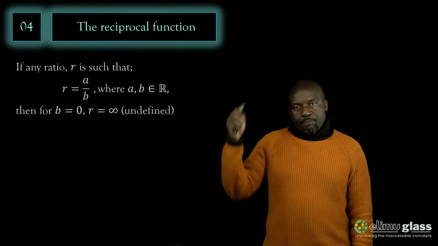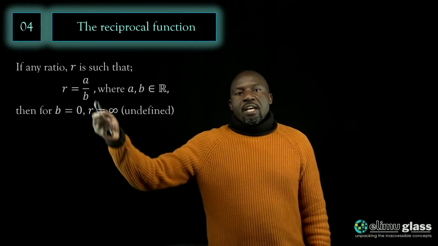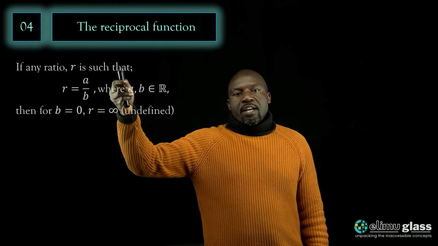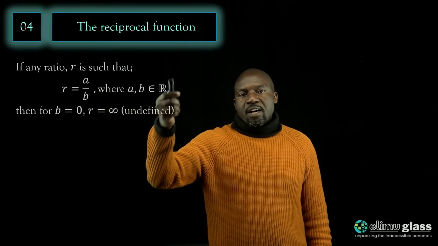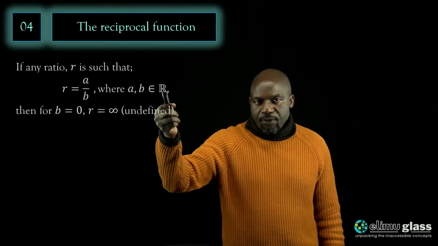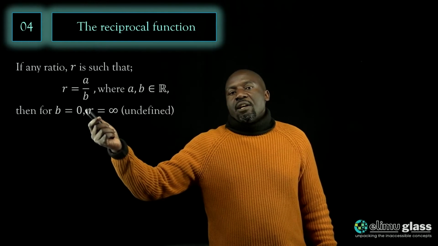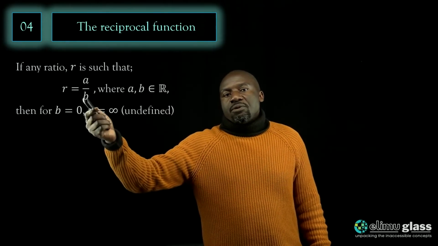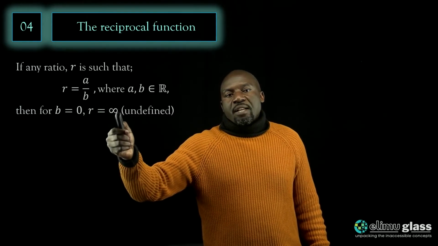Based on that little observation, if any ratio r is such that r is a over b, where a and b are real numbers, like 2 over 3, 2 over 5, or whatever, then for a value of b equal to 0, our ratio becomes undefined.